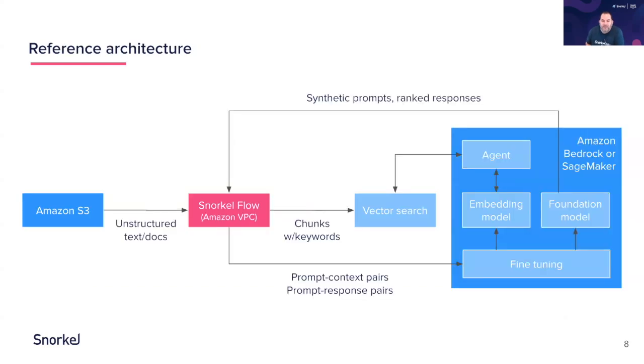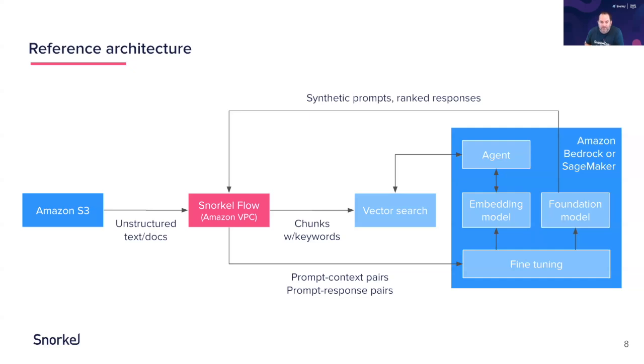I also wanted to touch on a simple reference architecture here, bringing these two worlds together. Let's start on the left here. Generally, what happens is we have folks with S3 buckets and amazingly large amounts of unstructured data. I once spoke with someone who had hundreds of thousands, potentially millions of documents that they wanted to bring into their AI systems, right?